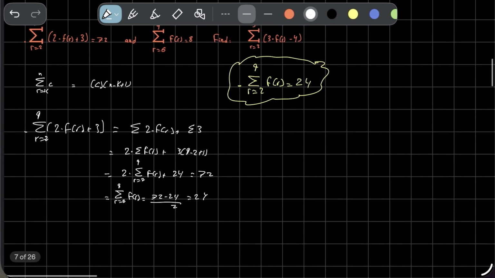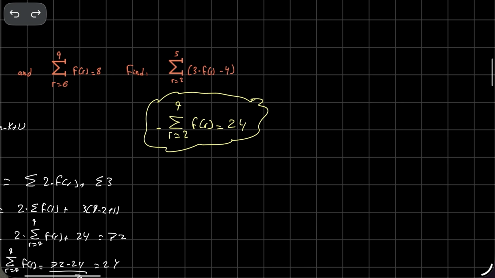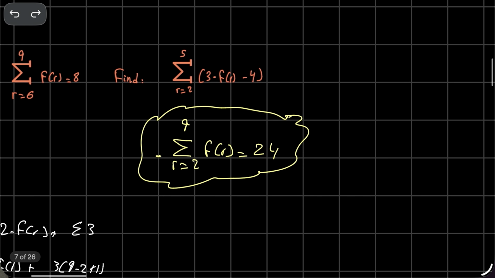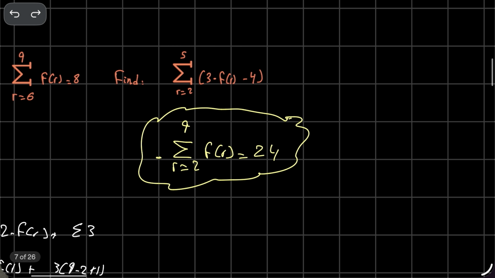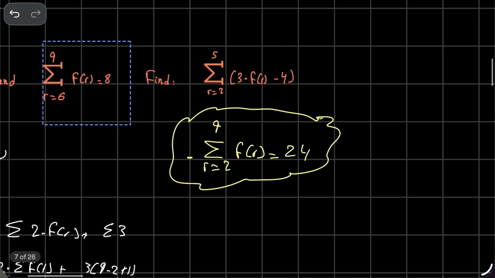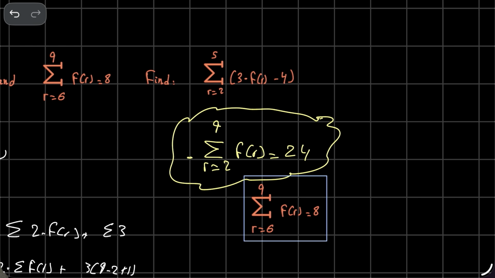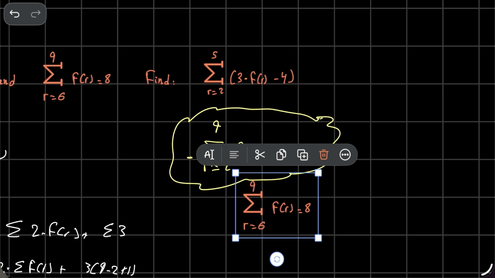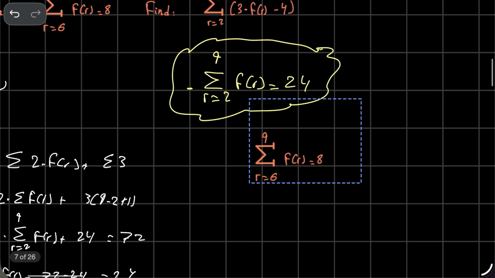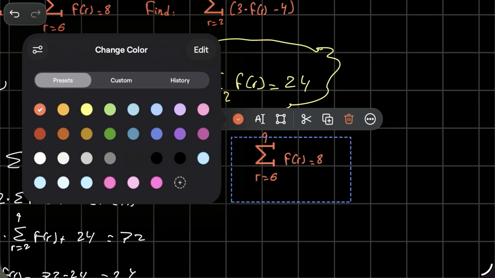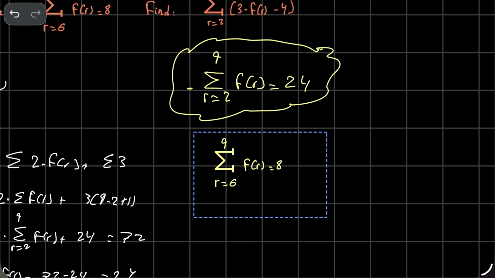This one. Let's see what we can extract from it. It's pretty much given straightforwardly. We have sigma fr from 6 to 9 equals 8. I'm just going to put this as a conclusion here.